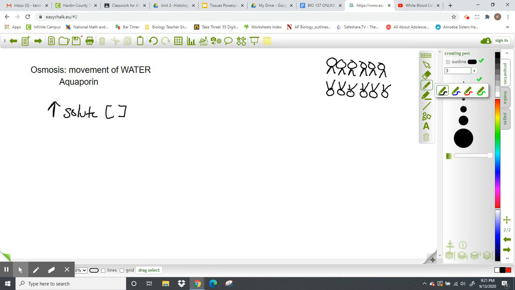So it will move from, oh, I'm sorry, I got that backwards. It will move from low solute concentration, my bad, sorry, to an area of high solute concentration. Again, this will happen until that concentration is equal.